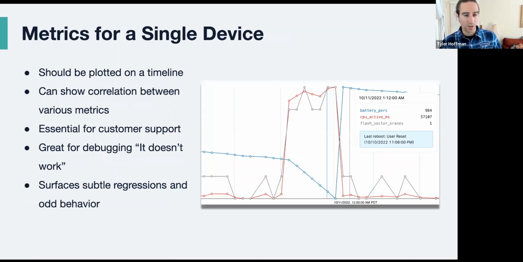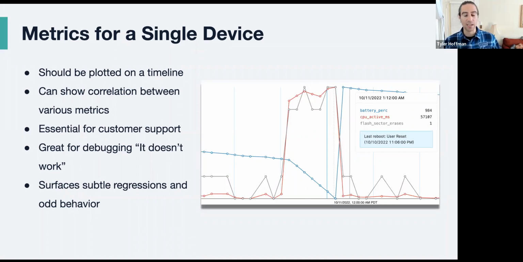I've talked about this a bunch. Seeing metrics for a single device is incredibly valuable, and is probably the way we supported our customers at scale at Pebble. We had this sort of per device view, and whenever a customer support ticket was logged or somebody called Pebble, they would bring up this view, see what the customer was complaining about using metrics.